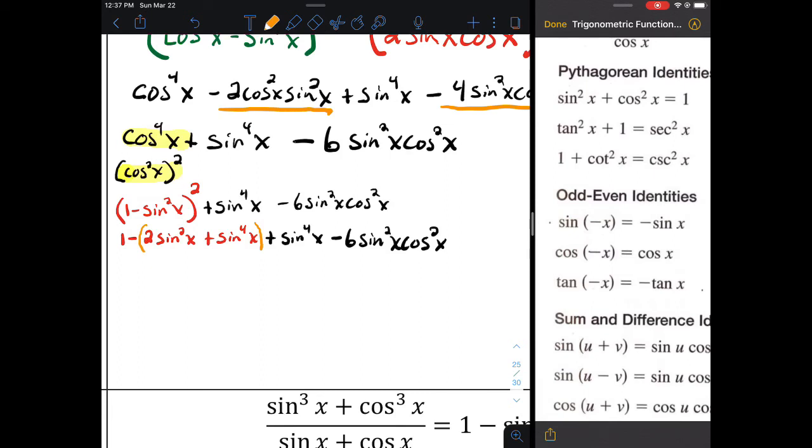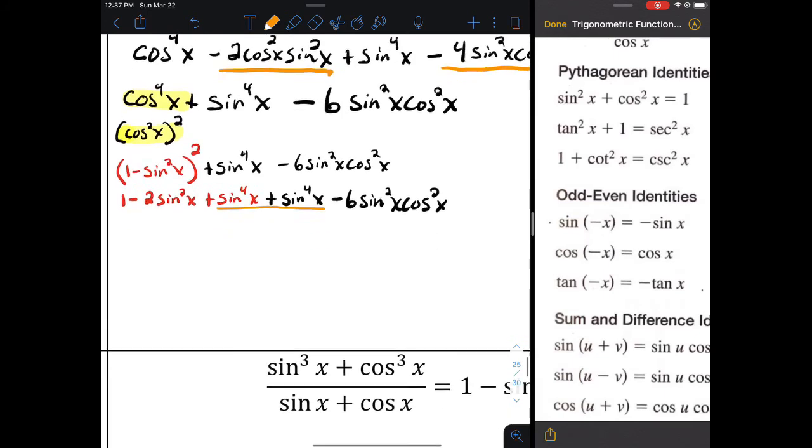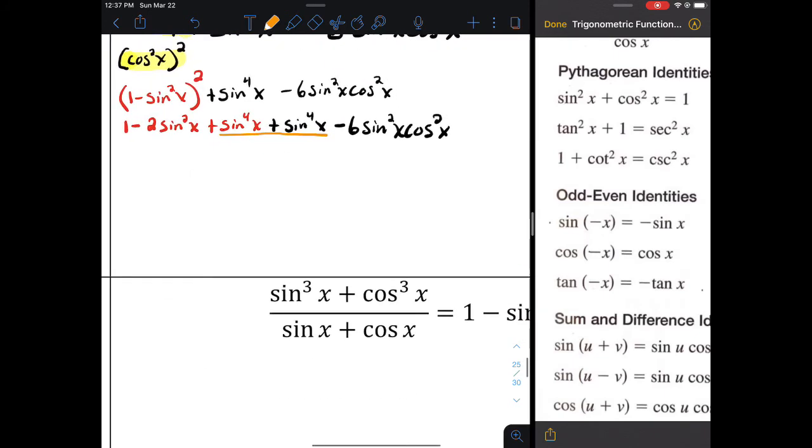Actually, before I do that, let's put these two terms together here. So they're going to have 1 minus 2 sine squared x plus 2 sine to the 4th x minus 6 sine squared x cosine squared x.